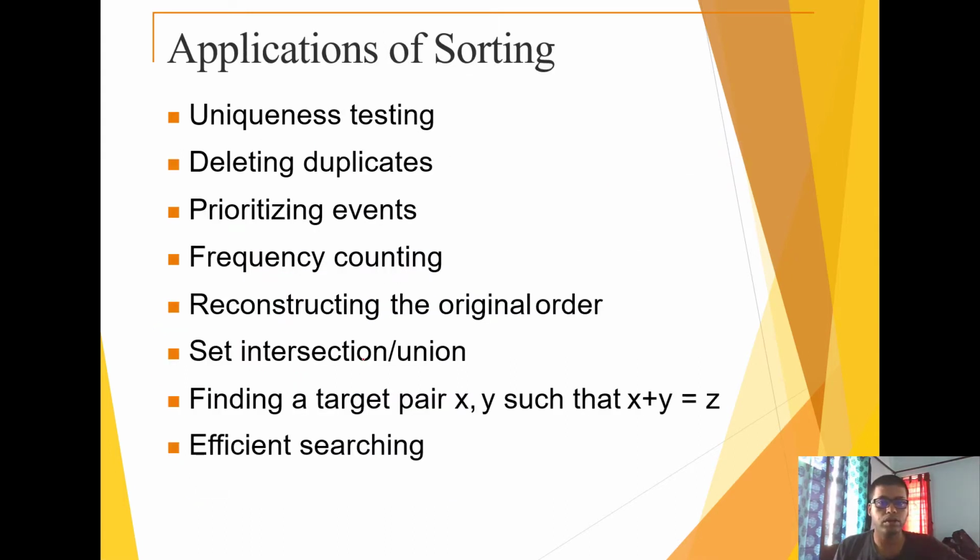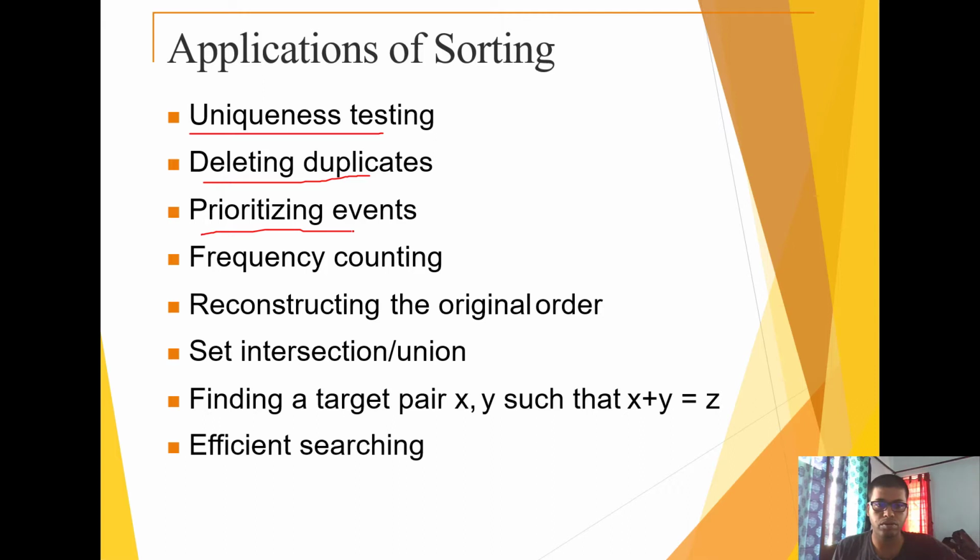Now the applications of sorting. We can apply sorting algorithms in different areas such as uniqueness testing, whether something is unique or not, and deleting duplicates. It's one of the most important parts whenever we're dealing with our computers or mobile phones. There are a lot of duplicate files present in our computers and mobile phones, so sorting methods are useful for that case.